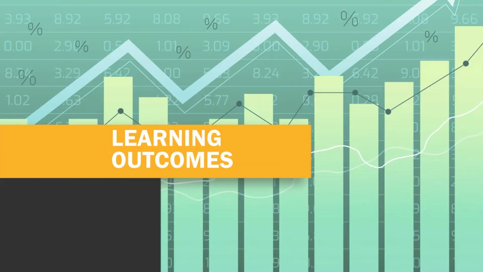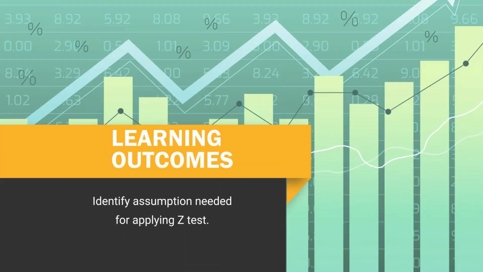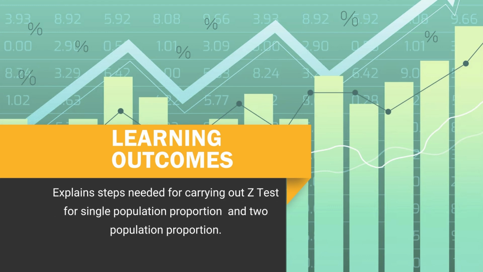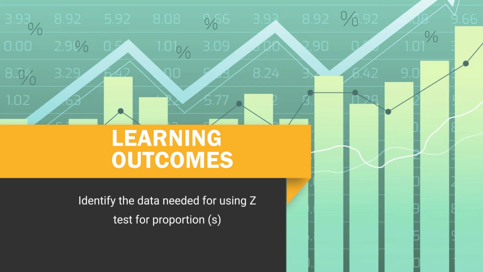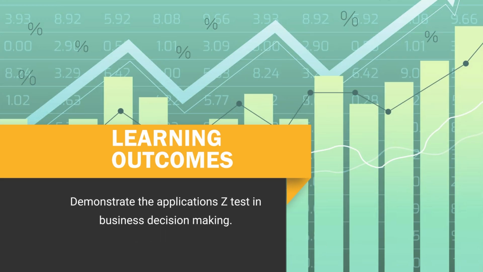The learning outcomes of this session are: identify assumptions needed for applying Z-test, explain steps needed for carrying out Z-test for a single population proportion and two population proportions, identify the data needed for using Z-test for proportion or proportions, as well as demonstrate the application of Z-test in business decision making. So here we are looking at the outcome at the end of the session, and you should be able to do this at the end of this session.